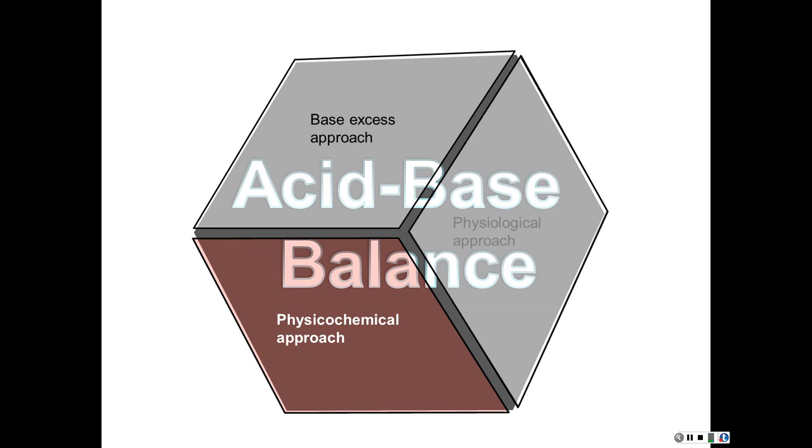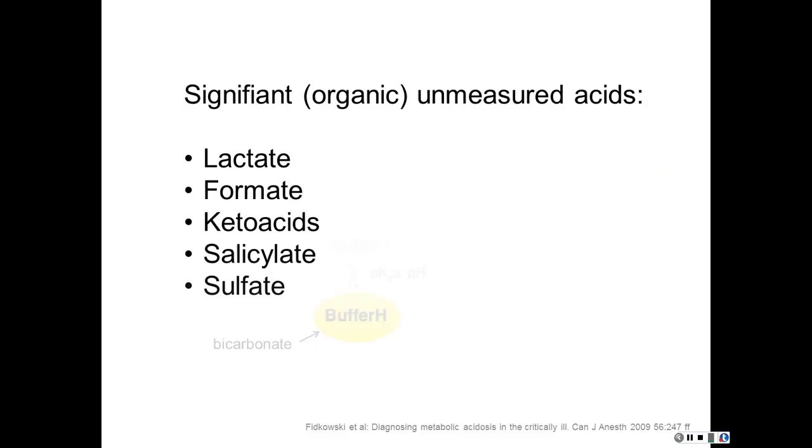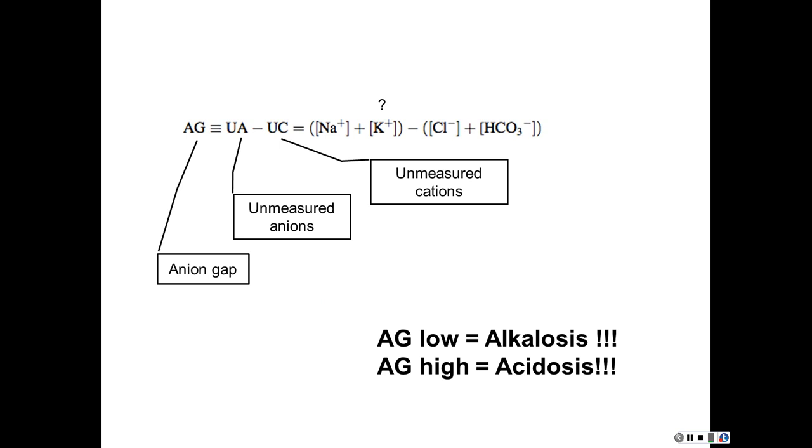So the physiochemical approach, which is sort of the one that was being pushed in that article that I sent, talks about strong anions being a large component of acid-base physiochemistry, and basically they suggest that many of the acids that are in the body represent unmeasured anions, and that you can calculate those and find them as anions.